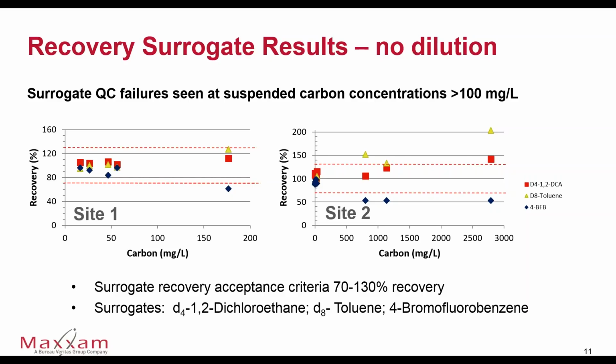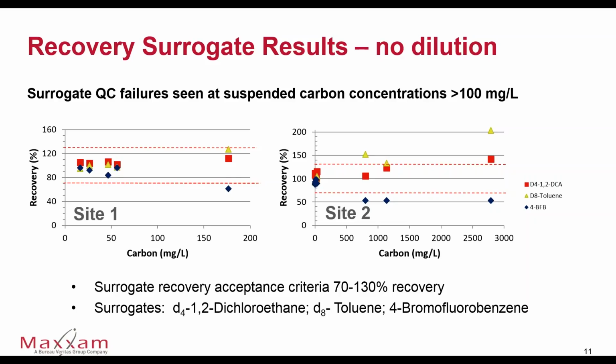On the left, those samples were all between 10 and 50 milligrams per liter of PlumeStop. The points on this graph are our internal standards and surrogates, and they're all between the dashed lines, so they passed. Out on the right, once we're up to about 175, 180 milligrams per liter, the surrogates and internal standards are moving out towards those dashed lines, and some of those samples will fail.